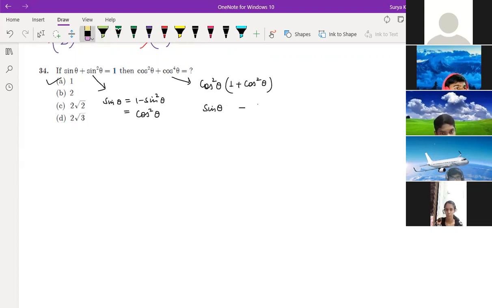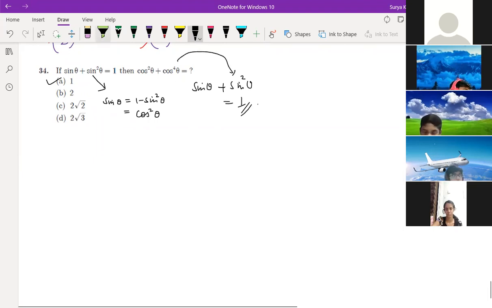Cos square theta is sin theta, and plus sin square theta. Here only you're getting 1, right? Because see, cos square theta you can write as sin theta, and cos to the power 4 theta you can write as sin square theta, right? So this is the answer for this. Answer is 1. All right.